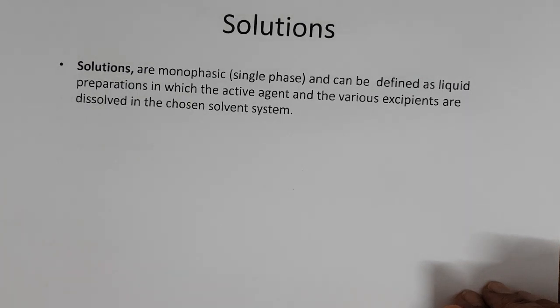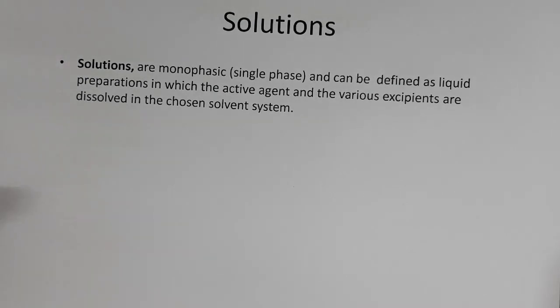So solutions are monophasic, single phase. It has one liquid where solids are dissolved into this liquid and it is the final form, right? So ultimately at the end there is only one phase, it is a monophase.